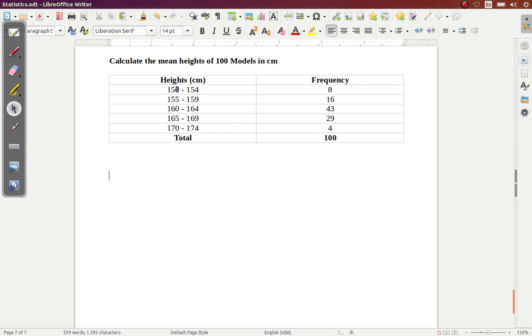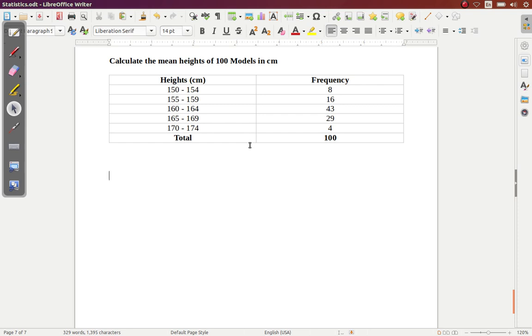Now, if this is 150 to 154, it covers 150, 151, 152, 153, 154, I should say. 5 values. We have to choose one of them to represent that group. Which one do you think? If you say the middle one, you would be right.